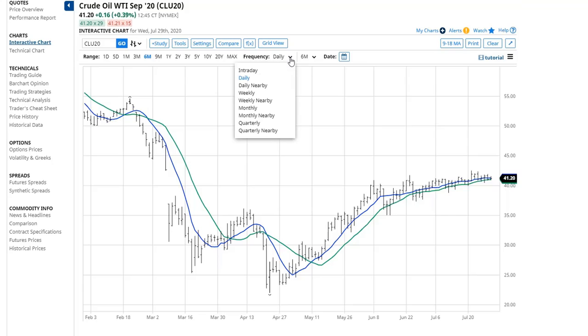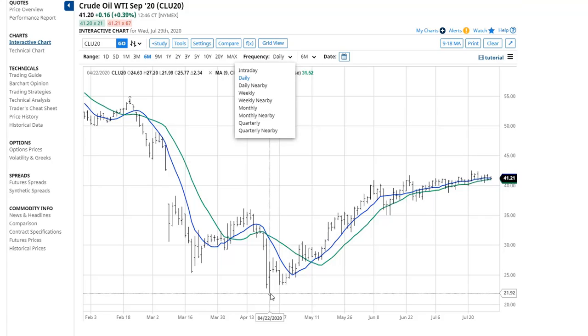Notice I'm in a daily chart, 6-month time frame, but I also could change it to what is called the daily nearby, which would show me a chart of the front month contract and continue to hold that until we roll over to the next contract. But I really want to look at the price data that is specific to the contract month that I'm actually trading. So I'll use what is called a daily chart, not a daily nearby.